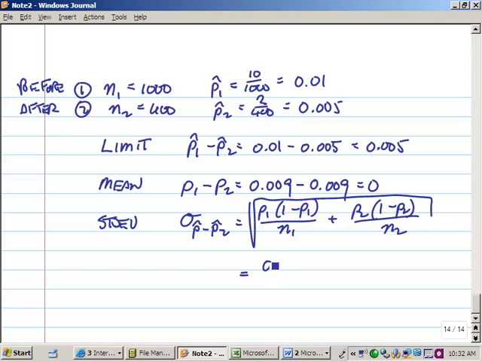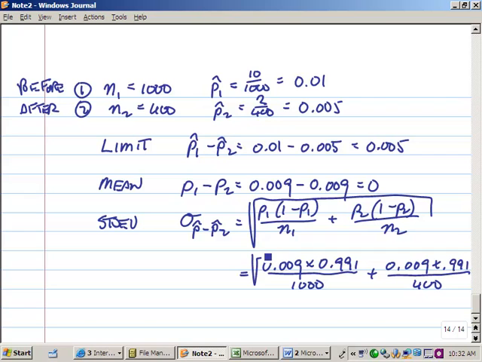So 0.009 times its complement, which will be 0.991, divided by the sample size of 1,000, plus, the second one, the numerator is the same, divided by n2 of 400, and take the square root of that whole thing.